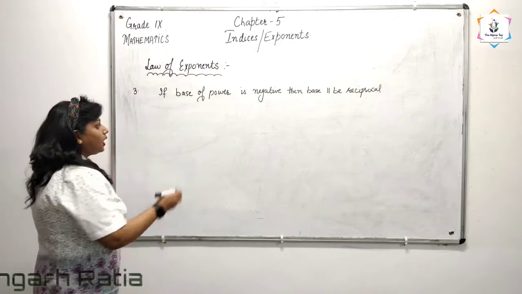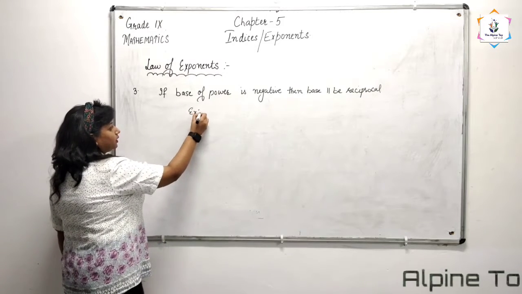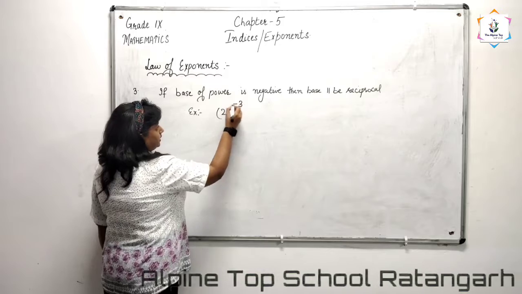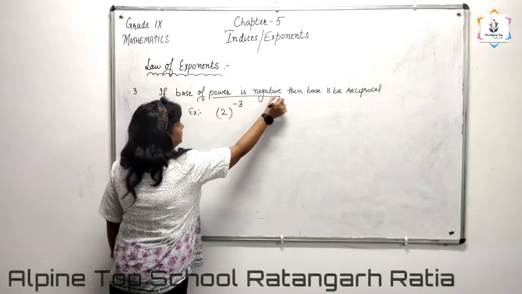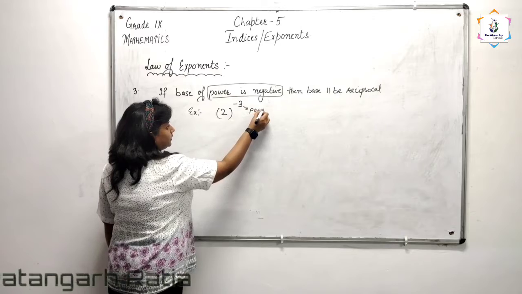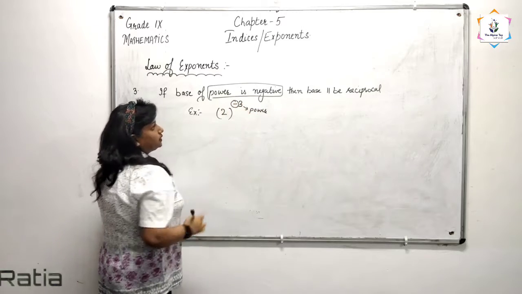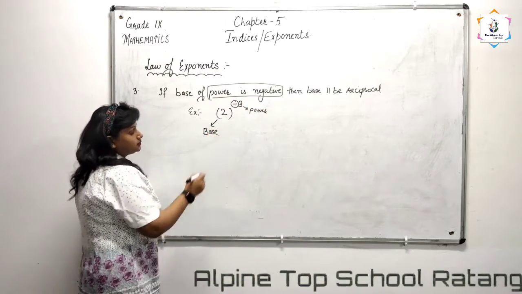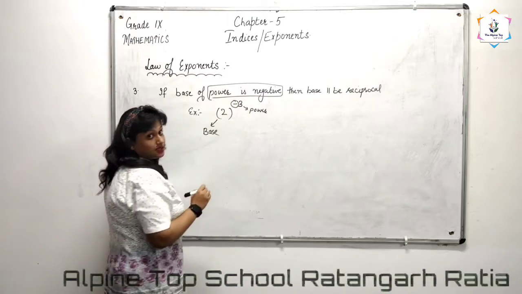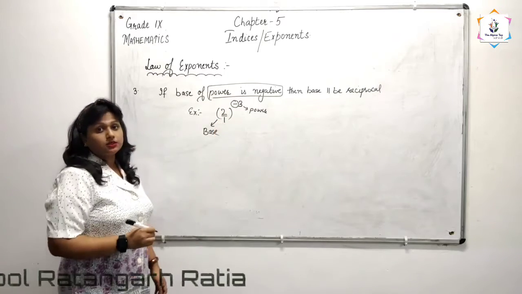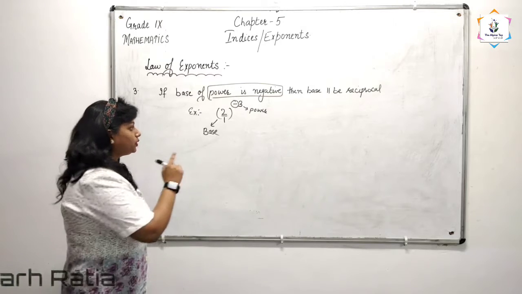Okay, how? For example, you are given 2 raised to power minus 3. I have written, power is negative. Now this is your power and it is negative, and this is your base. So what will happen? The base will be reciprocal. Here it is 2. Nothing is given to you. It means you will put 1 from yourself.